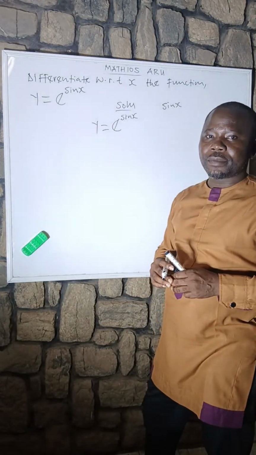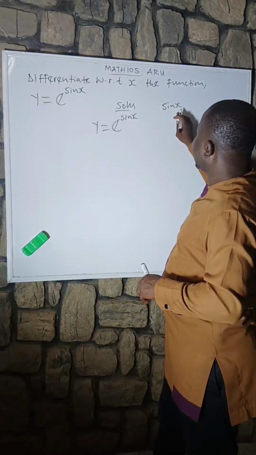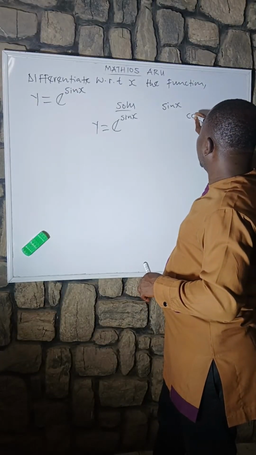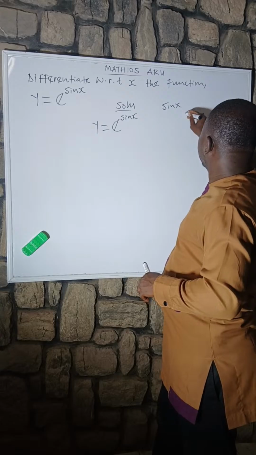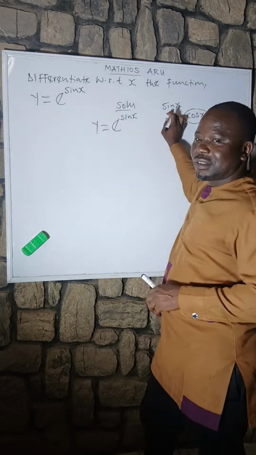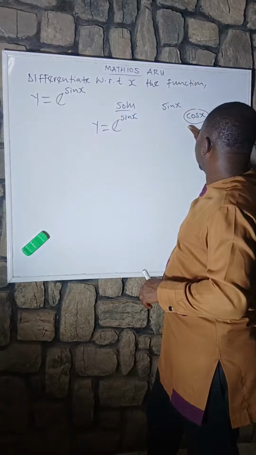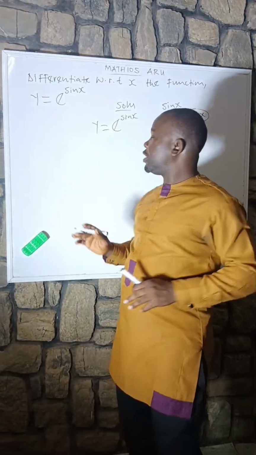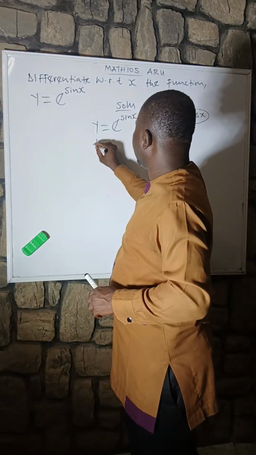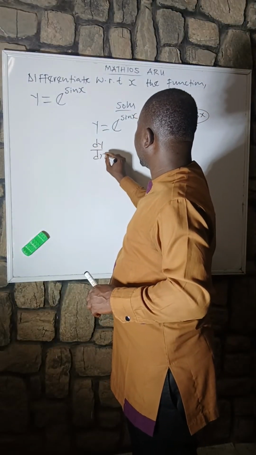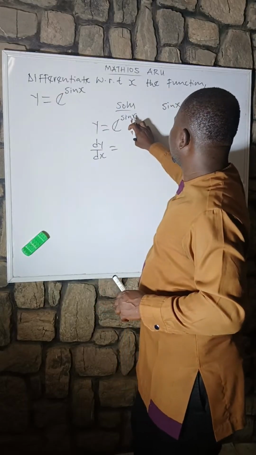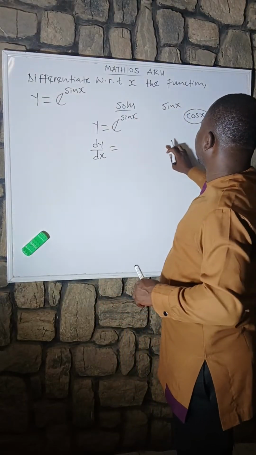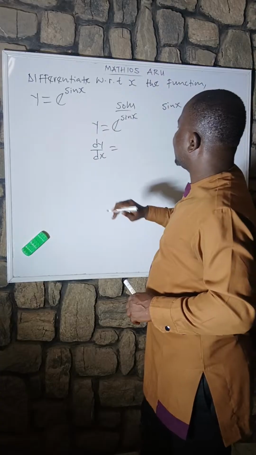So assume that you are differentiating sine x. If you differentiate sine x, you are supposed to have cos x, true or false? So now this is the answer to this. Use this to multiply this function. That is all. So dy all over dx is equal to, since we differentiated sine x to give cos x, use it to multiply this function.